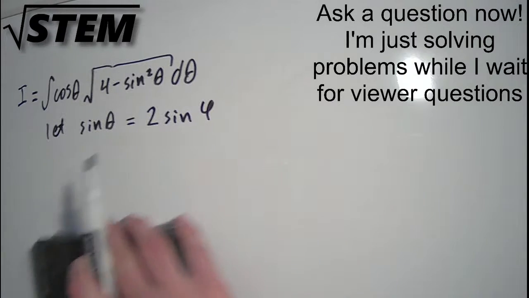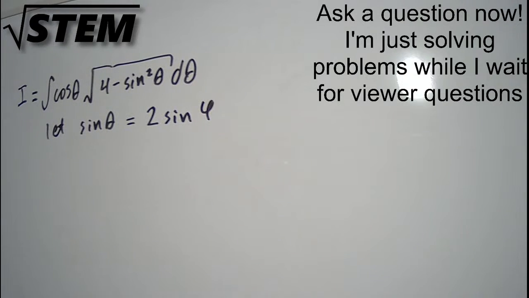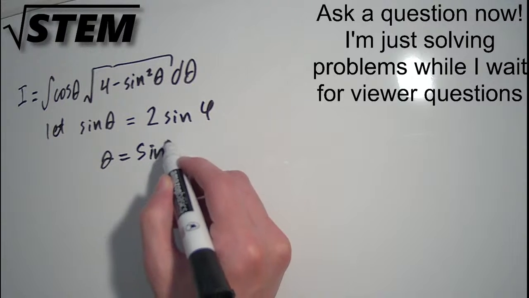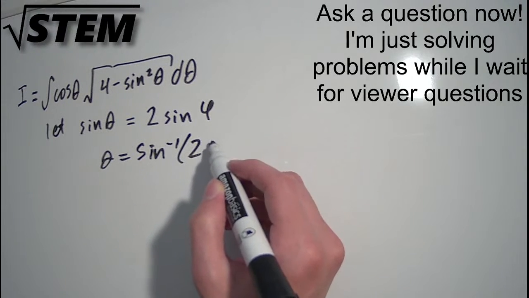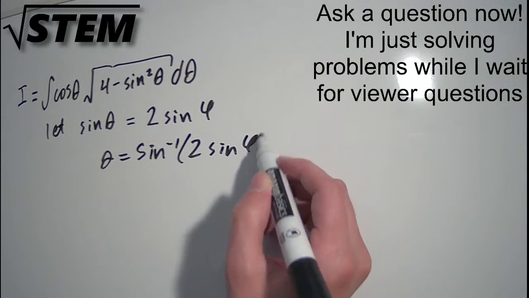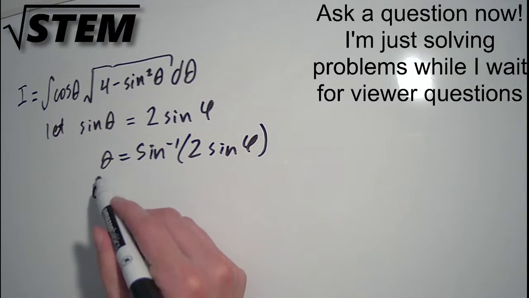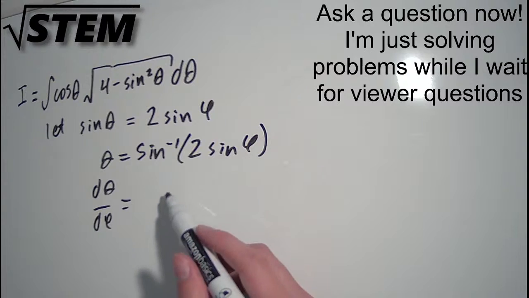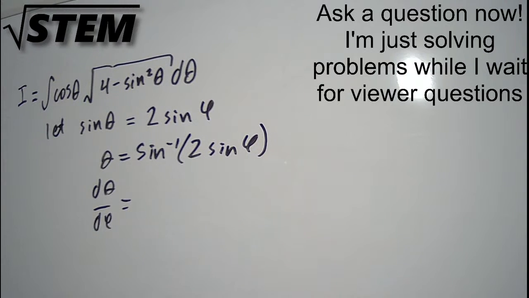I might have misjudged which integral was easy and which one was not. So theta will equal sine inverse of 2 times the sine of phi. So then d theta d phi would equal the derivative of sine inverse, which I don't know off the top of my head, but I'm sure it's not pretty.